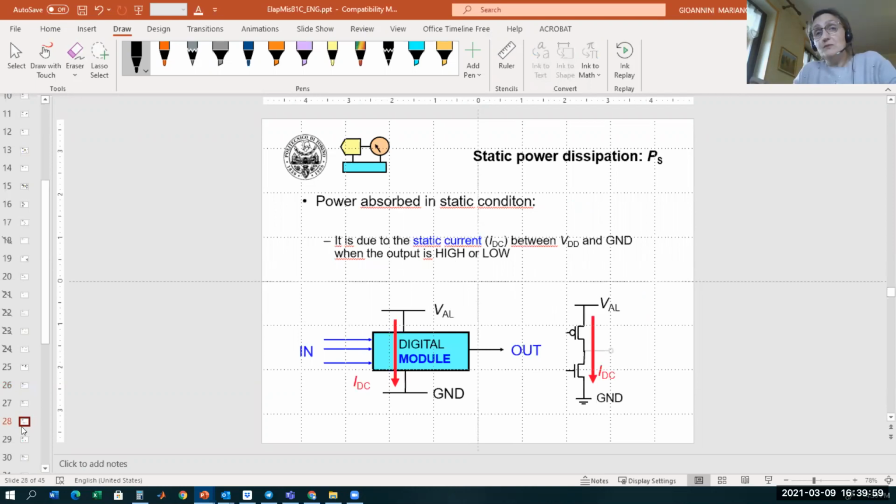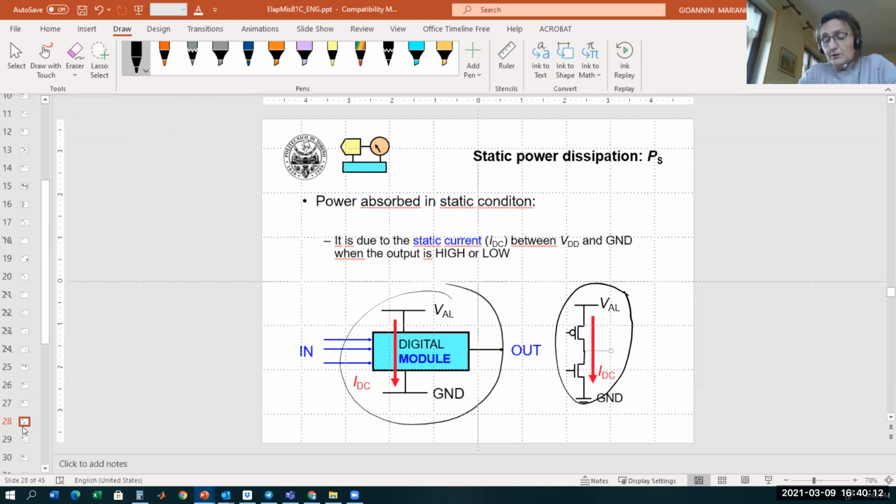Let's start from a simple example. This is our very complicated digital module. We focus only on one stage. As usual, the simplest, the totem pole stage. What do we have?